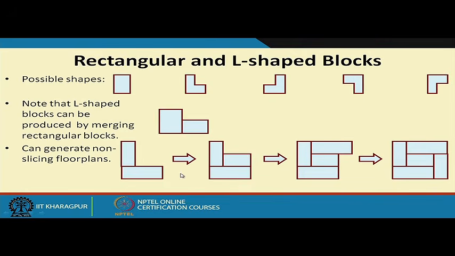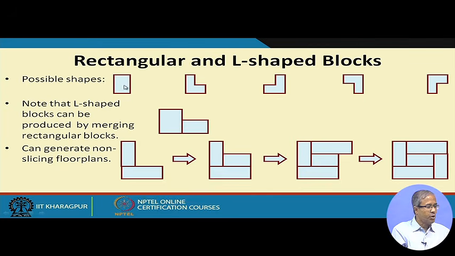And lastly, let us just talk about rectangular and L-shaped blocks. You see, the block shapes can be anything, not only rectangle, they can be L-shaped like this. But even if you restrict yourself only to rectangular blocks, whenever you put blocks side by side, it can take the shape of an L like this.